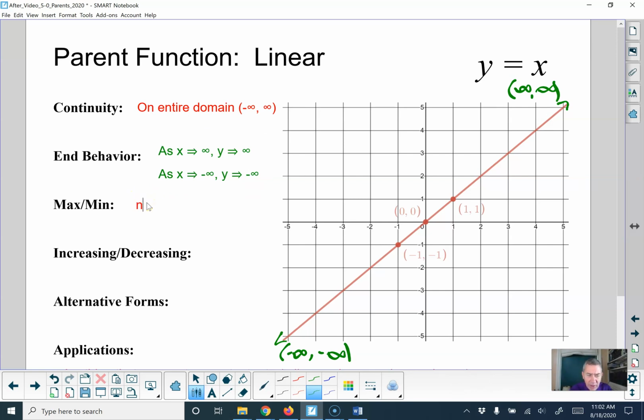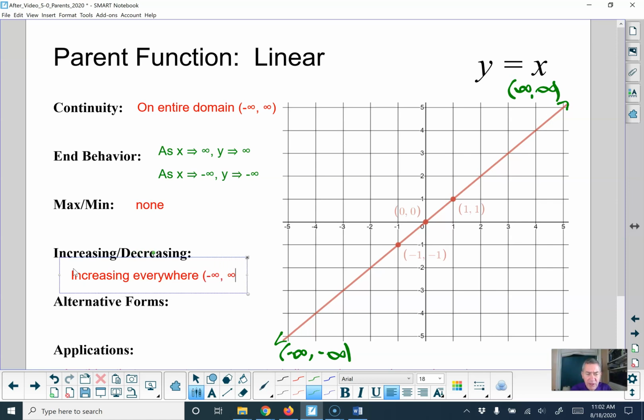It just keeps going. And increasing and decreasing, you can see as you go left to right, it is increasing everywhere, from -infinity to infinity.